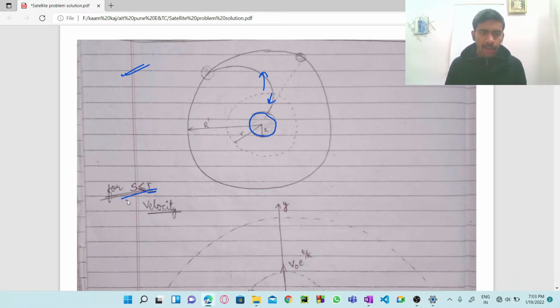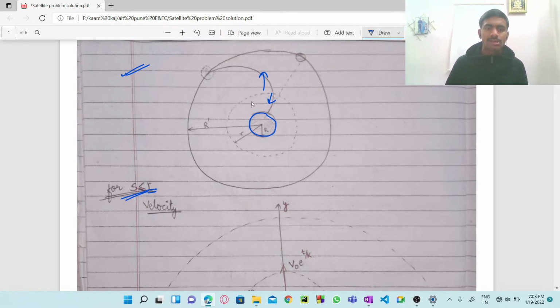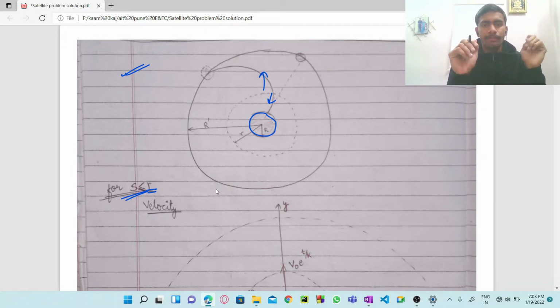Let's suppose when my satellite is in the range of small r, in that case I would write the velocity equation plus the acceleration equation, and with the help of those I will get the distance equation for my satellite, meaning how much distance it is covering with respect to time.